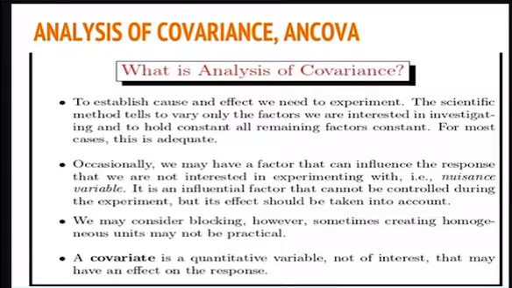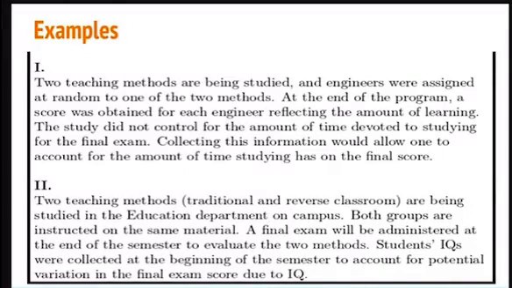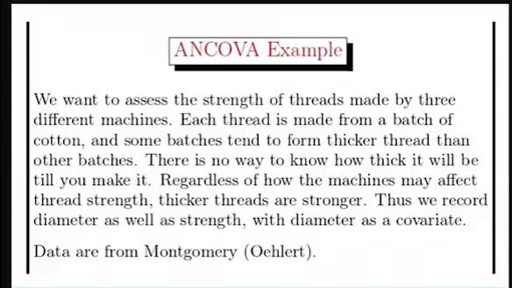Now, we have so many examples of analysis of covariance. I think I just gave an example now. I put out so many examples for you, but I'm basically going to go into the ANCOVA example given in the textbook. The data are from Montgomery. Now we want to assess the strength of thread made by 3 different machines.